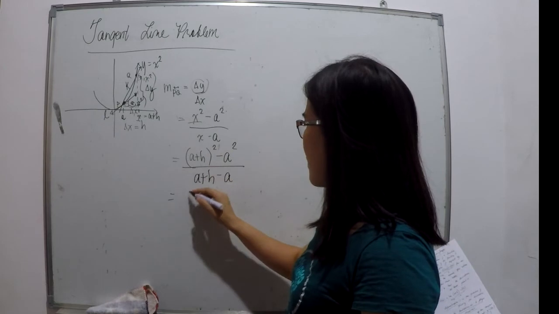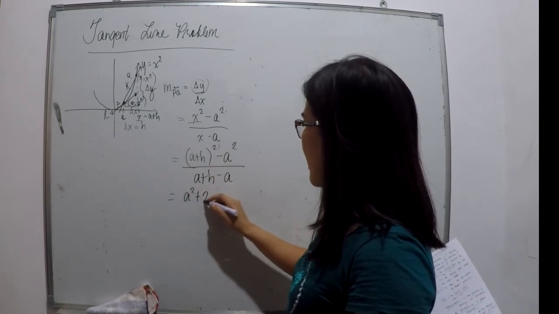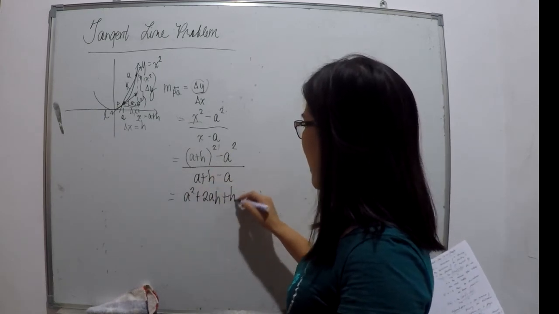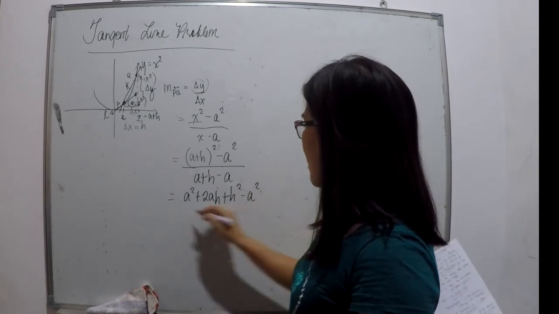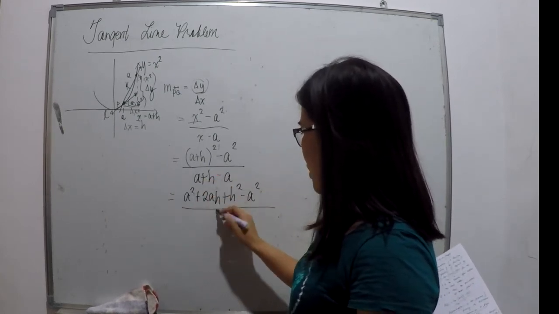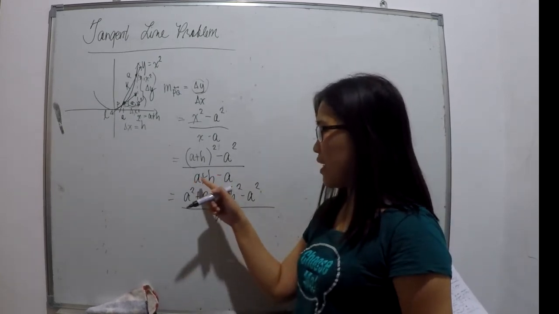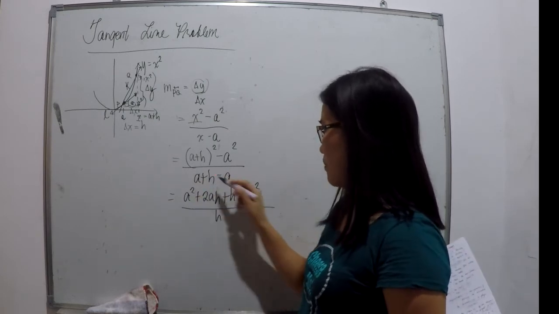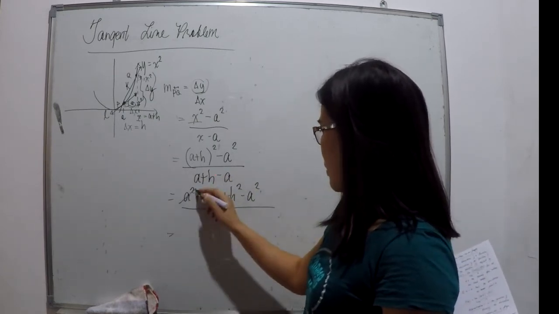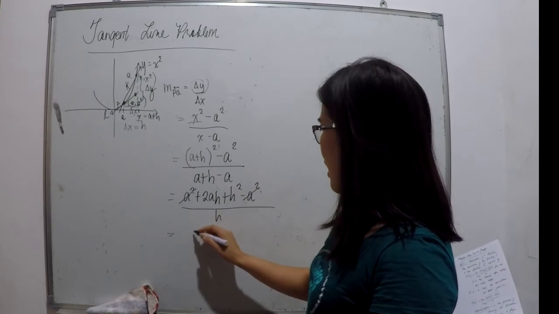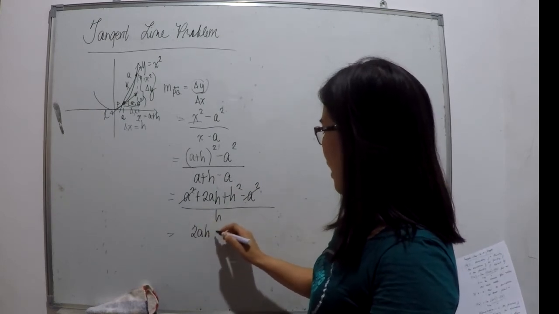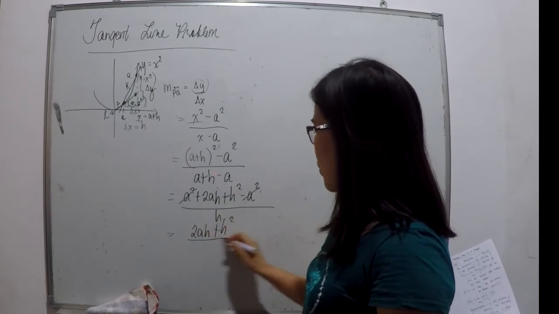So, this becomes a squared plus 2ah plus h squared minus a squared over h. Why h? Because a minus a will be cancelled out.